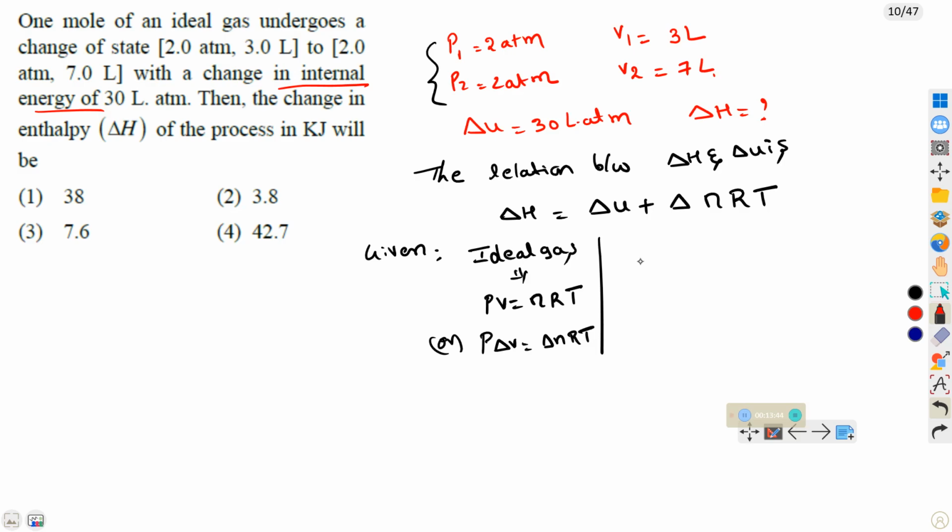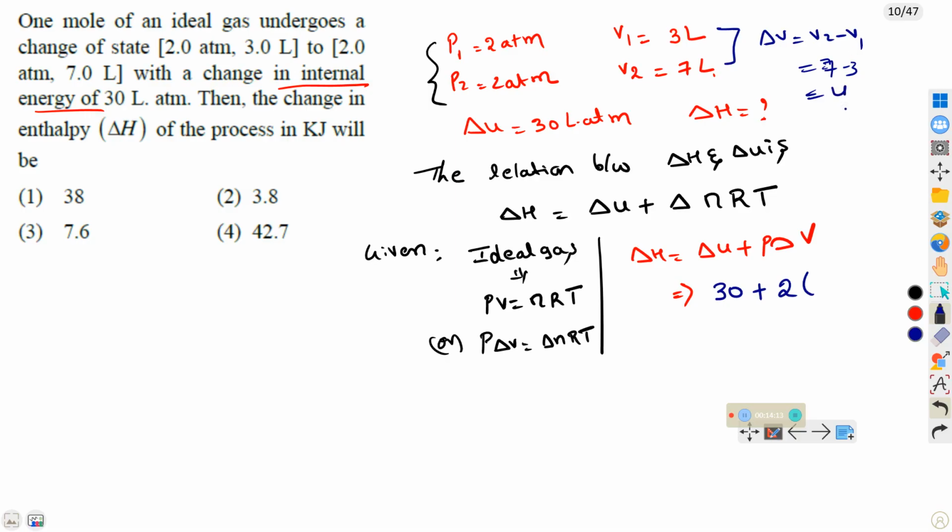Substitute, then delta H is equal to delta U plus P delta V. Delta U value is given as 30 plus pressure remains constant, volume change delta V is equal to V2 minus V1, 7 minus 3, which is equal to 4. So 30 plus 8, that is equal to 38 liter atmosphere.